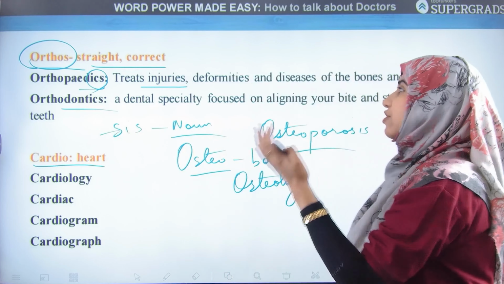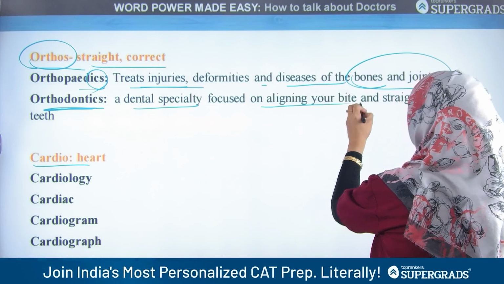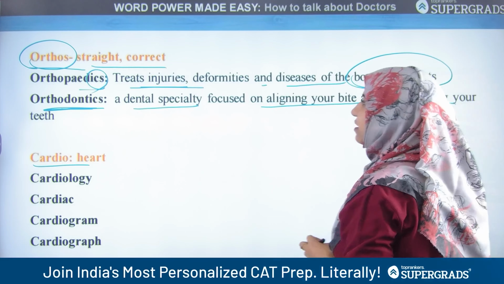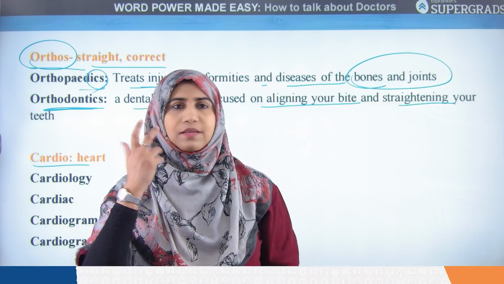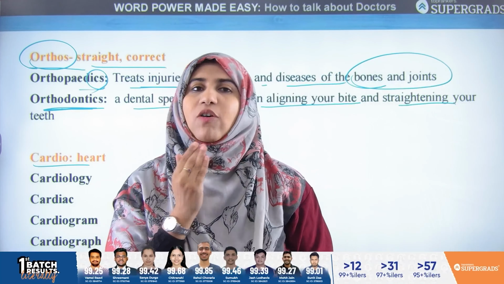See, this is actually a specialty in dentistry. All right. So, a dental specialty focused on aligning your bite and straightening your teeth. When you feel that the teeth are irregular or they're not aligned properly, fine. For example, the teeth in the center are tilted, stuff like that. There are so many scores of problems related to teeth as well.